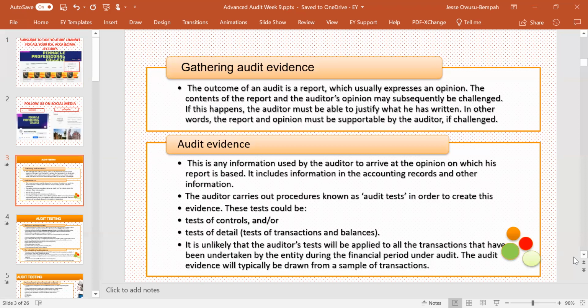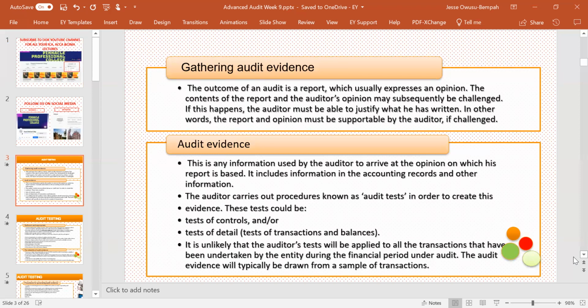So the audit evidence will typically be drawn from a sample of transactions. This is the foundation of understanding audits. The auditor deploys sampling techniques to sample out of the entire population.